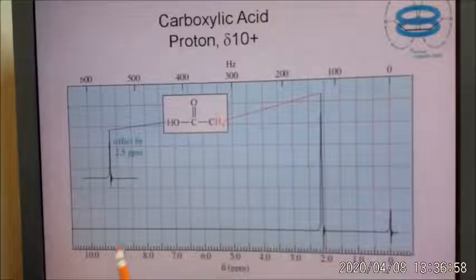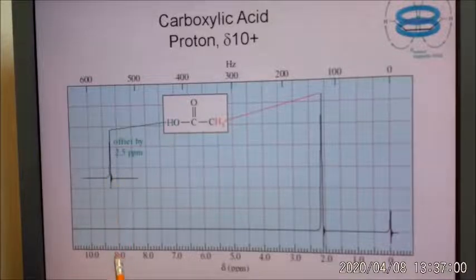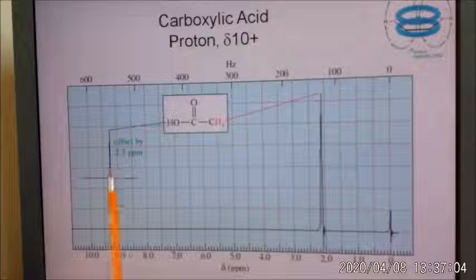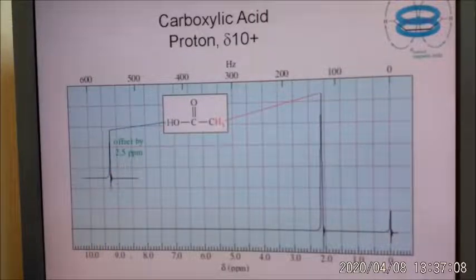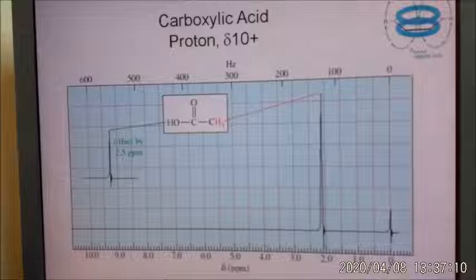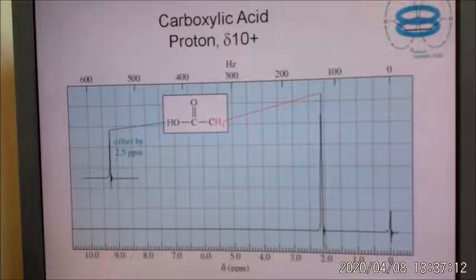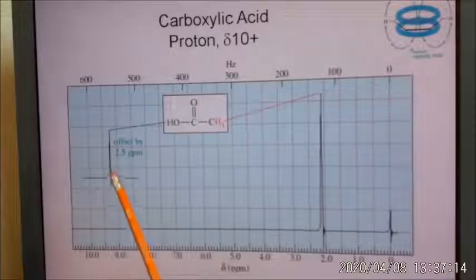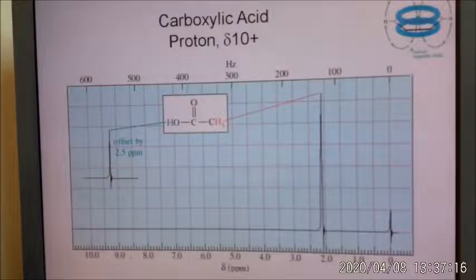But here, this is offset at 2.5, so I take 9.3 plus 2.5, that means it's about 11.8. That's so far downfield, that's definitely a carboxylic acid. It's unusual because it's so nice and sharp. This is a very dry sample.